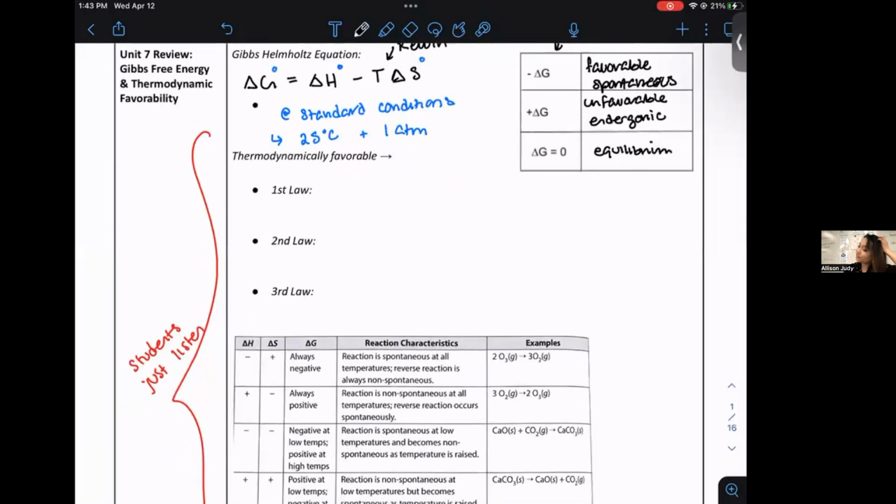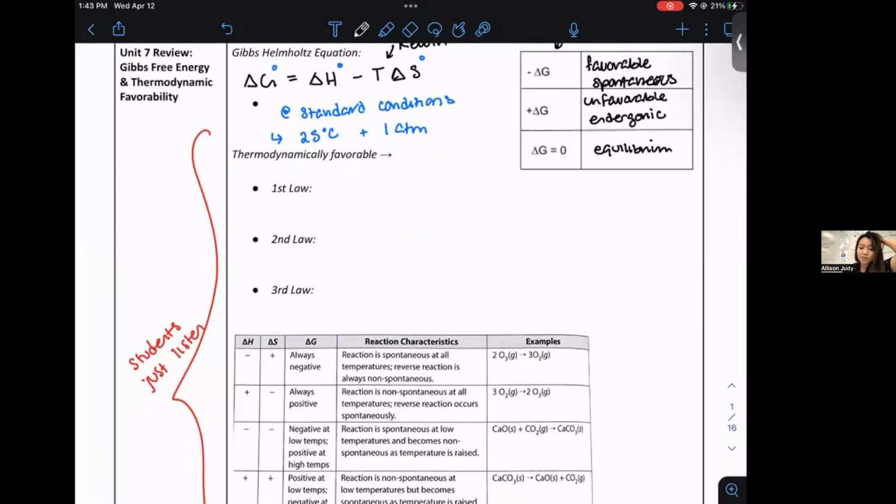So, physics review: the first law of thermodynamics is known as the law of conservation of energy. I don't really feel the need to explain that because I'm assuming you all passed 7th grade and 8th grade and physics. The second law is maybe a little newer, although I assume physics people have heard of this: the entropy of the universe is increased with a spontaneous process.